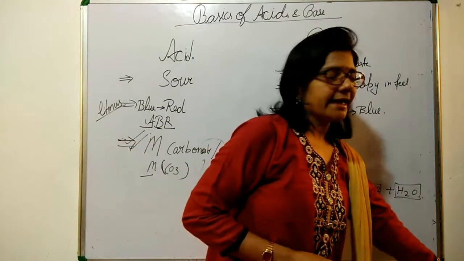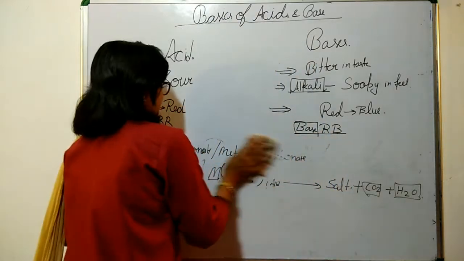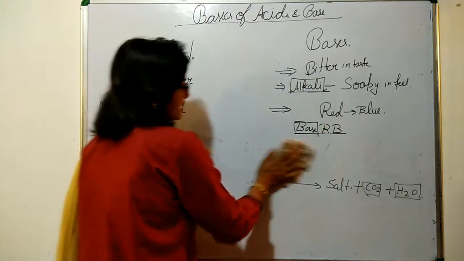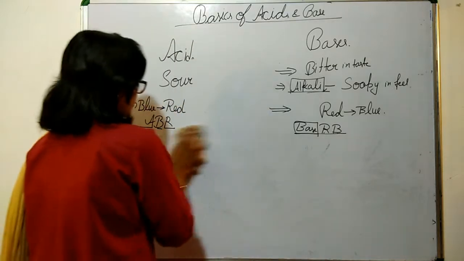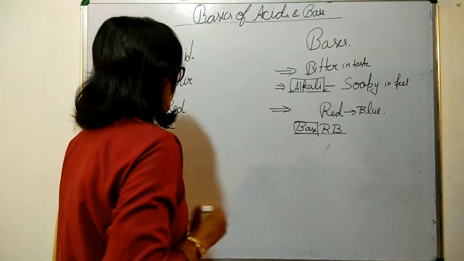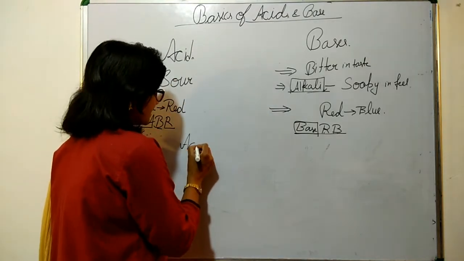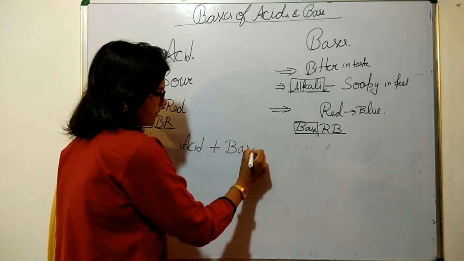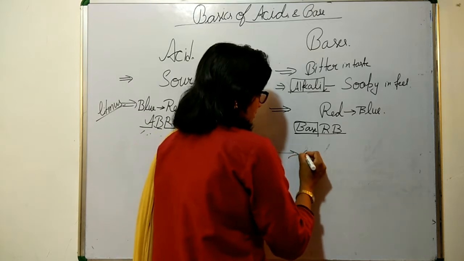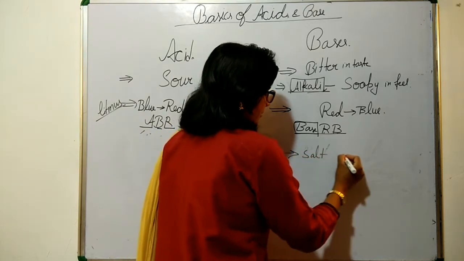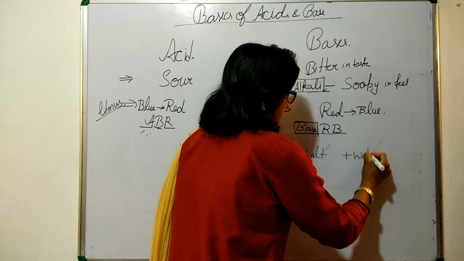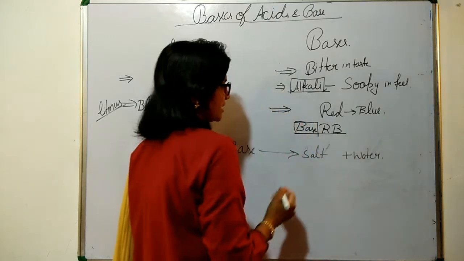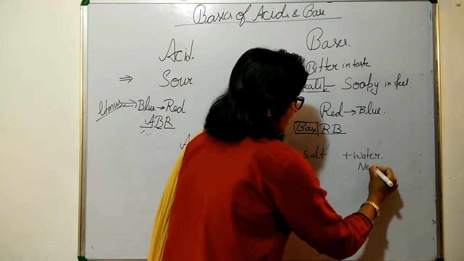Then the next is the reaction of acid and base together. We know it very well. When the acid reacts with base, it forms salt plus water. This reaction is known as neutralization reaction.